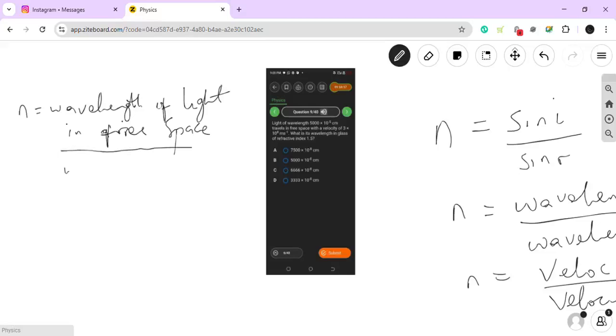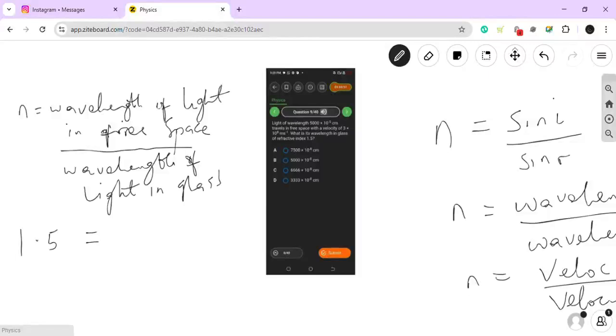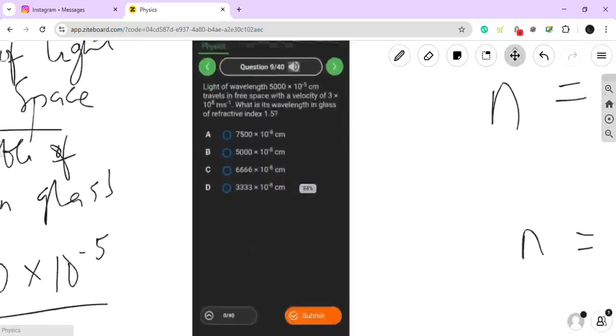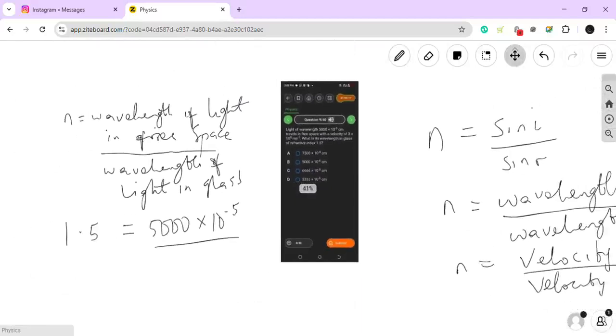So we are given the refractive index. The refractive index is 1.5, equals wavelength of light in free space, which is given to be 5,000 times 10 raised to power minus 5 centimeter, over the wavelength in glass, which we don't know, so let's call it lambda g.